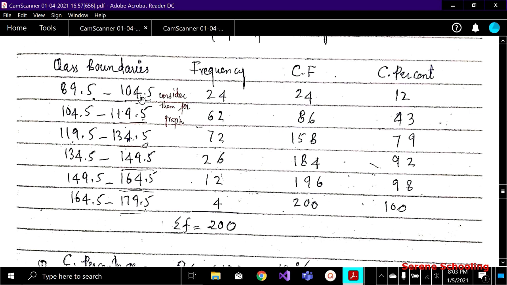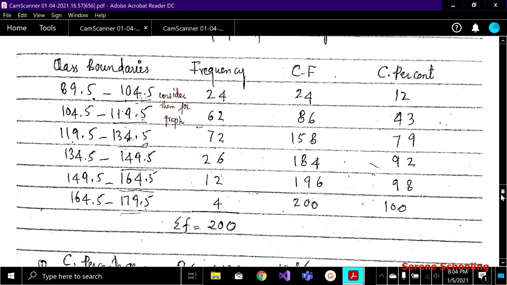We have discussed this already, but in this case they are already given. So now after making this table, we have to go toward the graph. As we discussed, on the x-axis we have the class boundaries, and on the y-axis we have the cumulative percentages.